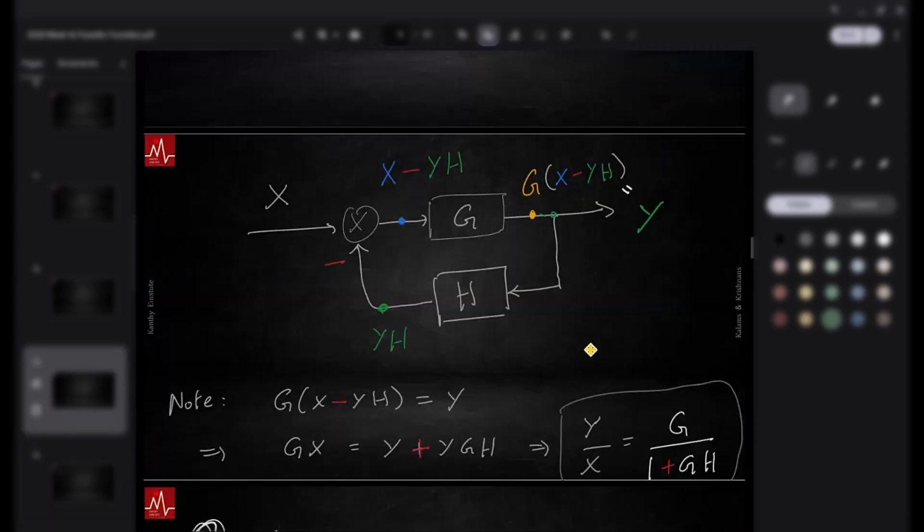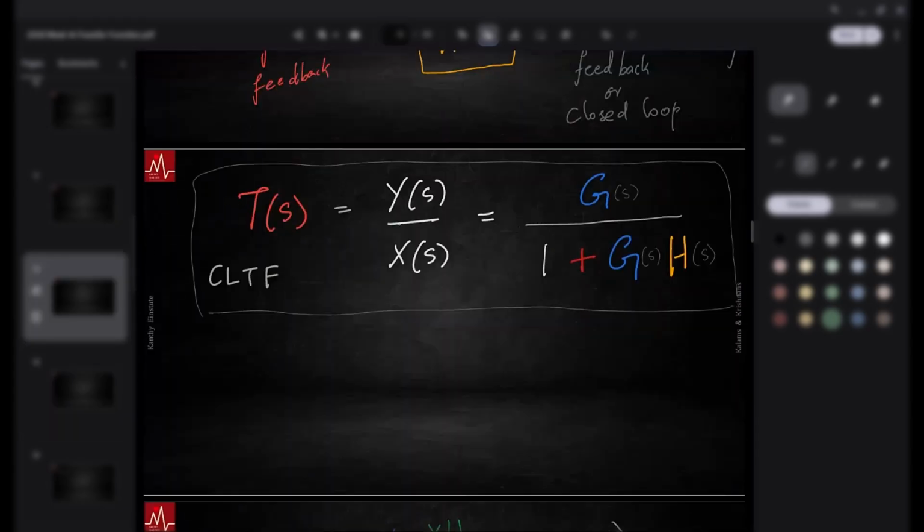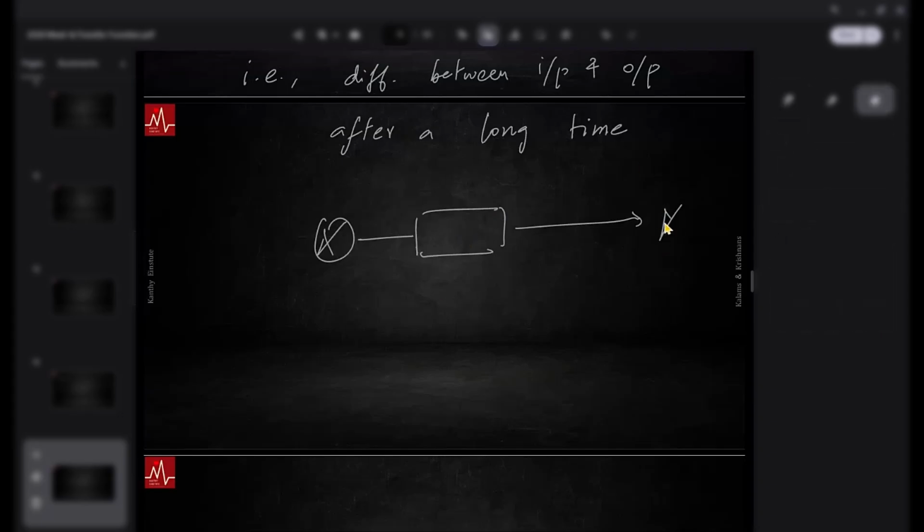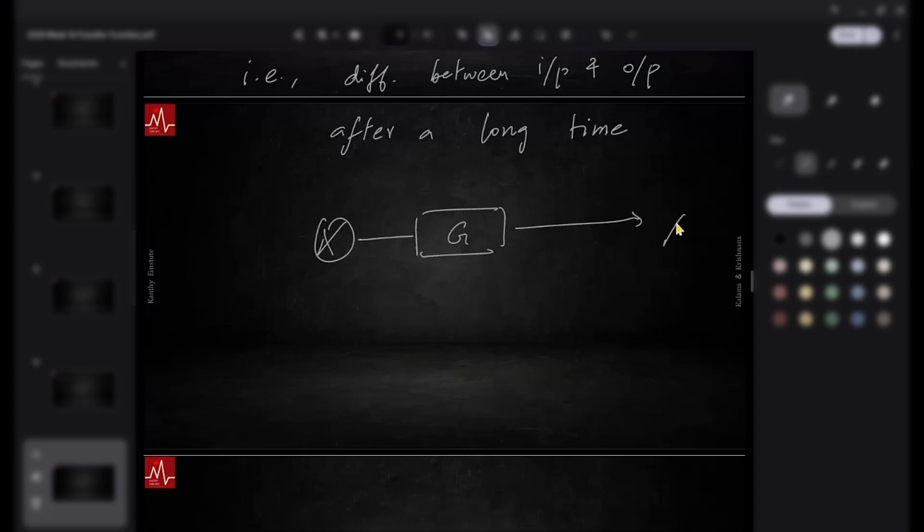So let me show this to you. I have to draw this once again. Given this, they have given this, they have given this.